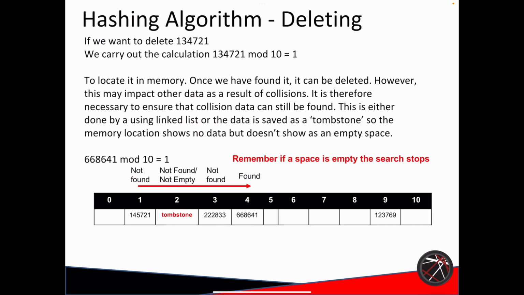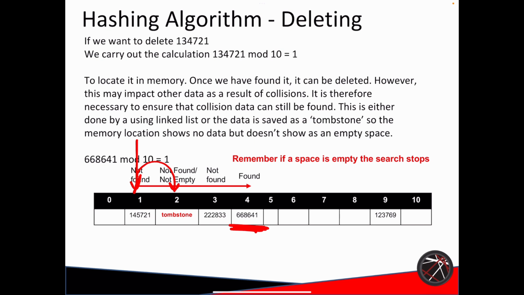When we're deleting though, we've got a problem, because we're using an empty space to stop the search. If we were to delete an item, in other words, the item in memory position 2 has been taken away, and that was left empty, then if we were looking for the item just as we did before, we'd look in position 1, and then position 2, but because it's empty, it would stop, and therefore we wouldn't ever find the data in position 4.